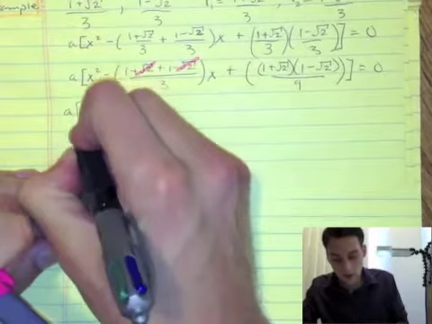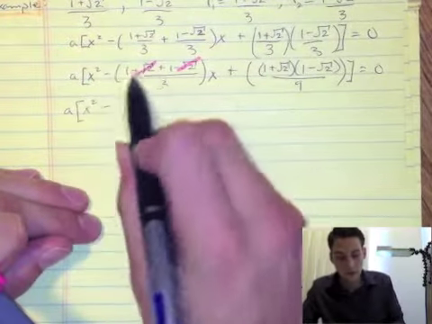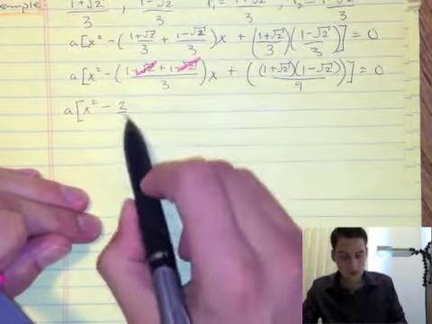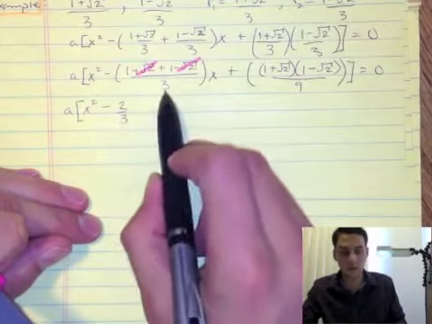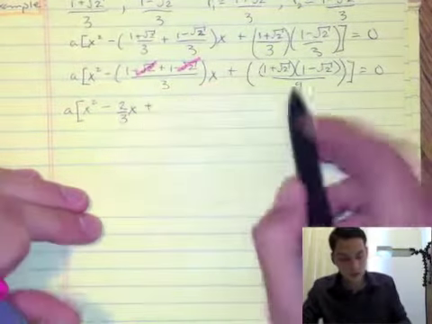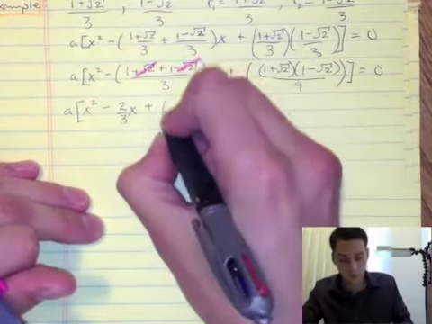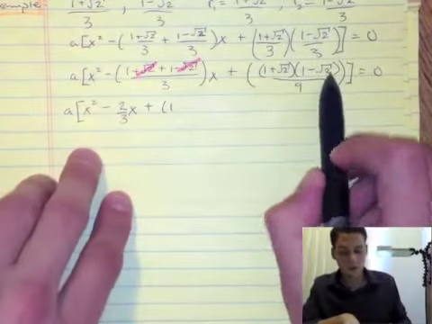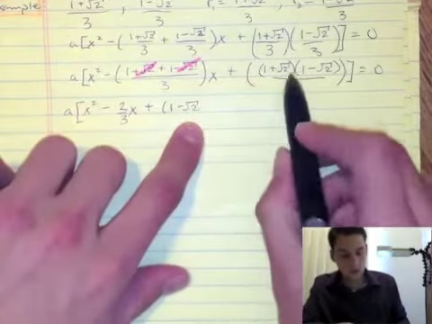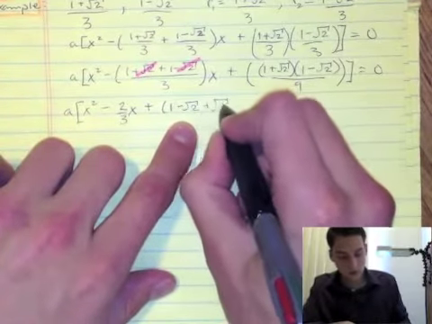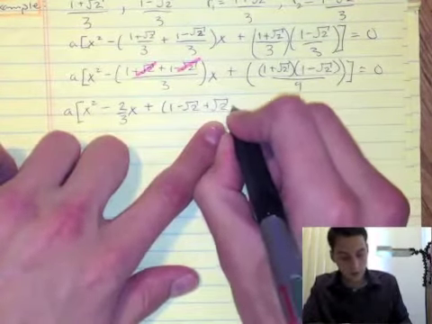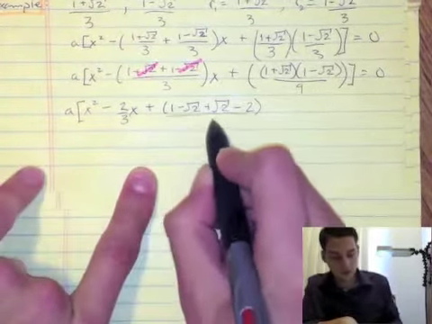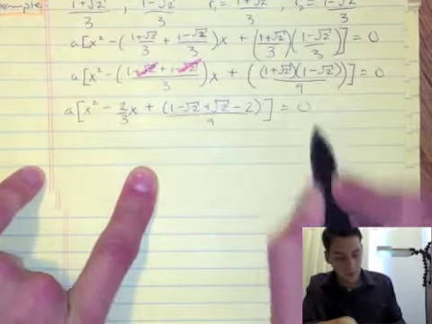So on the next line, I will have 1 plus 1 is 2 thirds times x plus 1 times 1 is 1. 1 times negative root 2 is negative root 2 plus root 2 and then minus 2. Square root of 2 times square root of 2 is just 2, all over 9 equals 0.